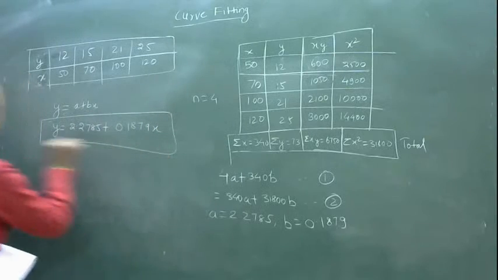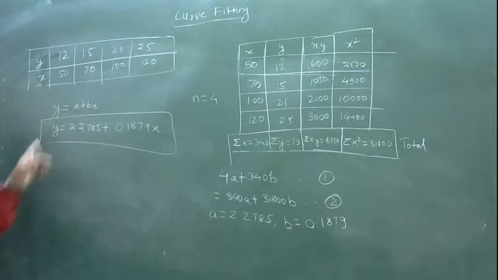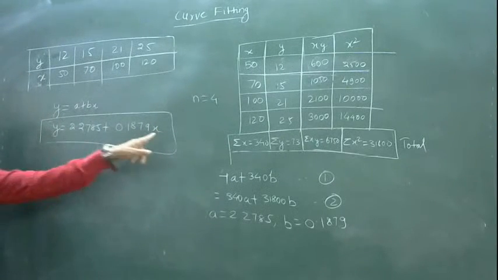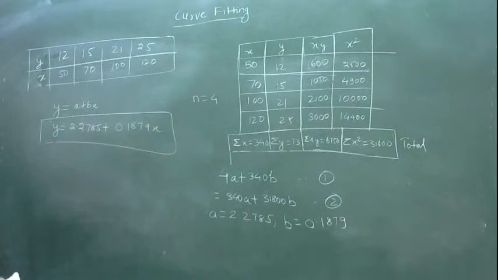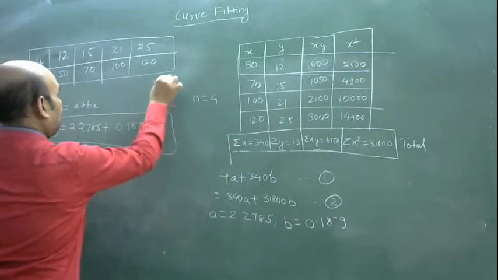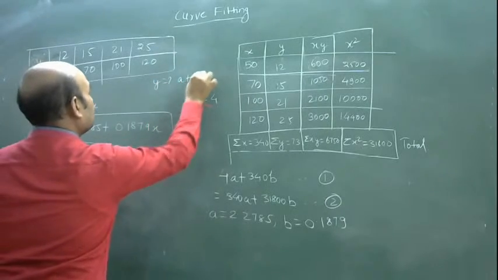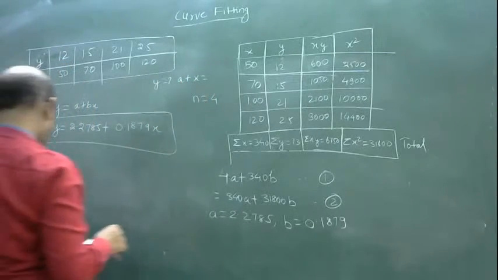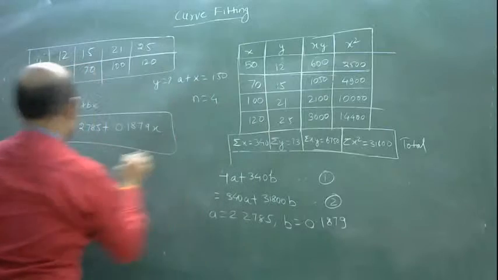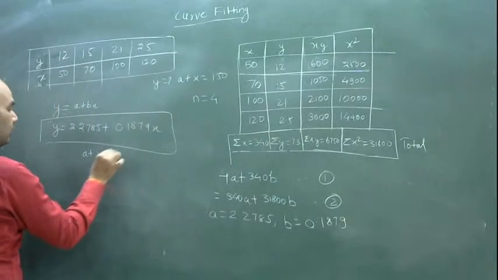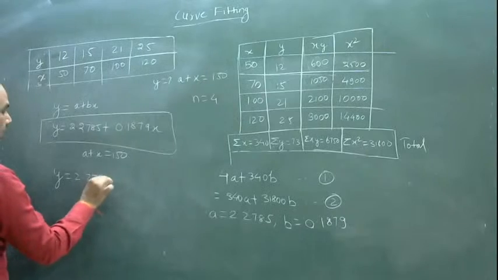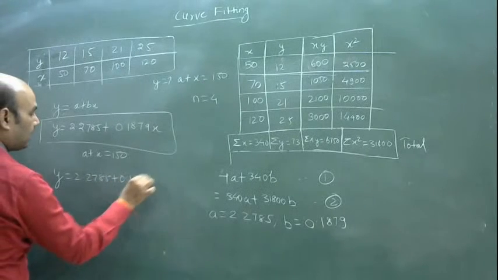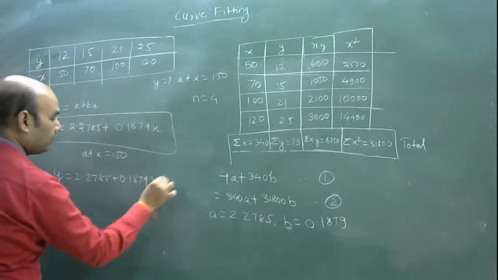So we got the equation of y in terms of x, and you have to find the value of y at x is equal to 150. So at x equal to 150, y is equal to 2.2785 plus 0.879 into 150.